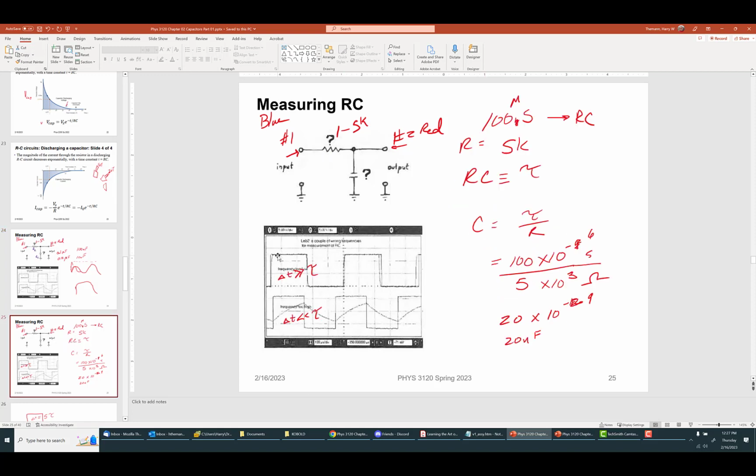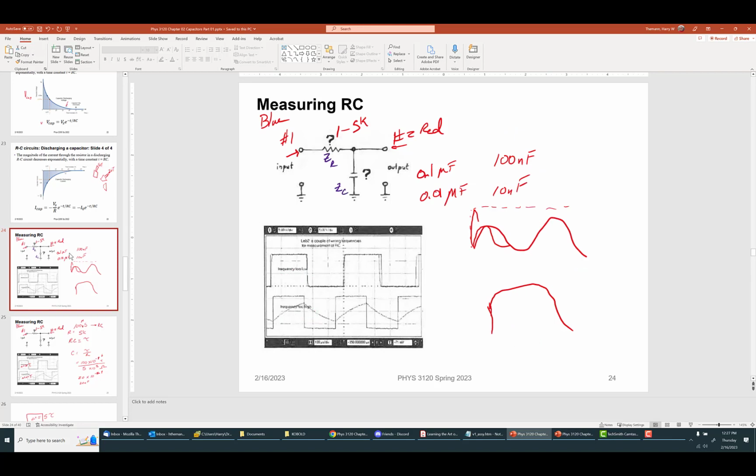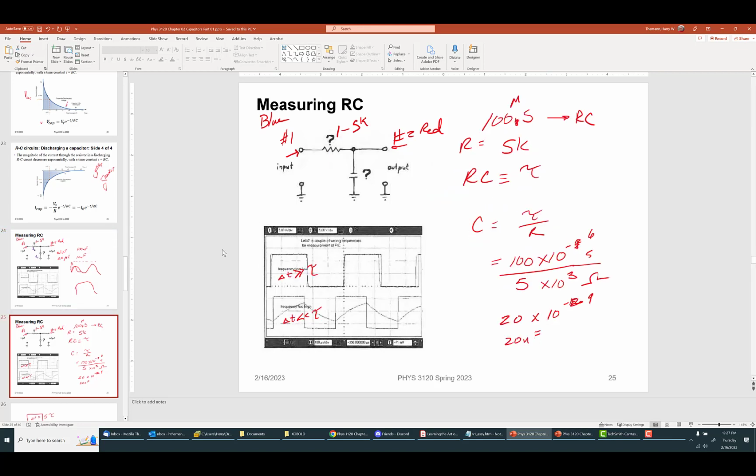Then the next thing we talked about was, okay, how do we decide on the components? And I had made some guesses which turned out weren't that far off. But I said, okay, why don't we make 100 microseconds the RC constant?